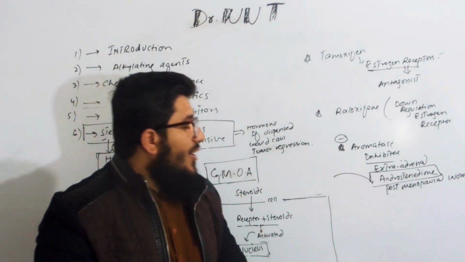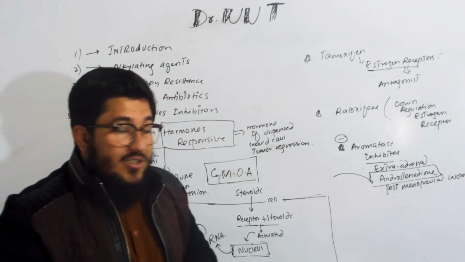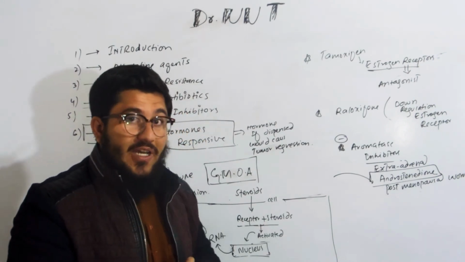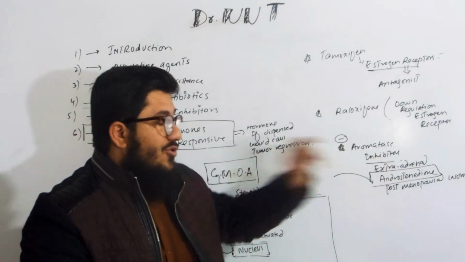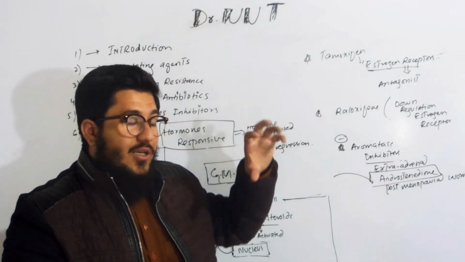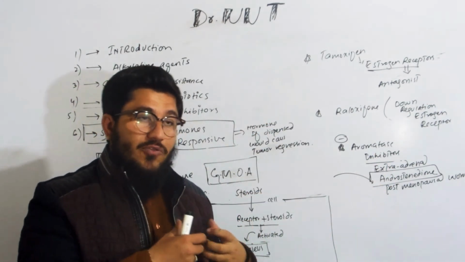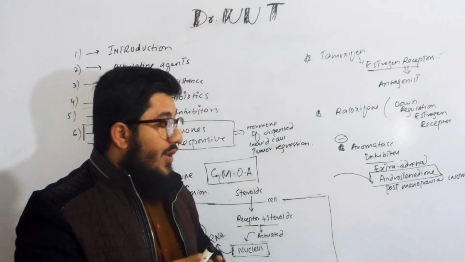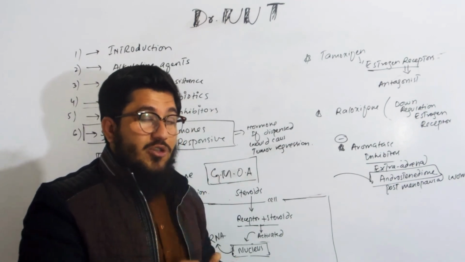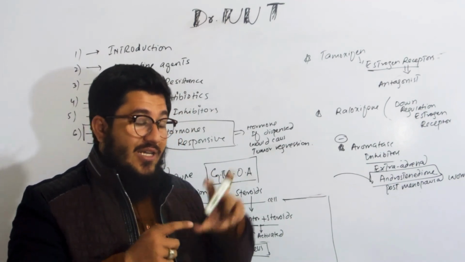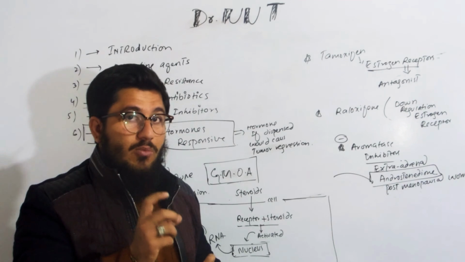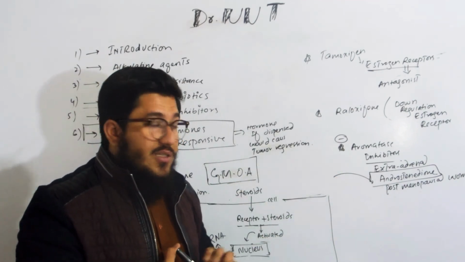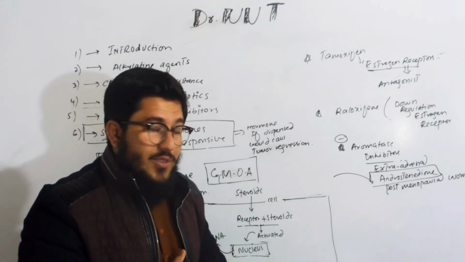And another one we have is the aromatase inhibitor. Aromatase is an enzyme responsible for the formation of estrogen extra-adrenally, outside the adrenal gland, in tissues of the skin, lungs, breasts, liver, etc. We discussed that estrogen is a responsive hormone for cancer. When we block this aromatase, no estrogen will be formed.